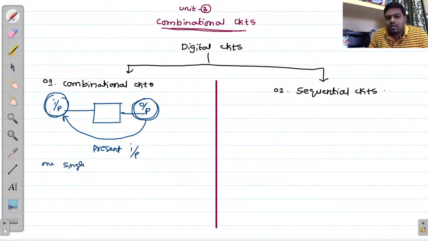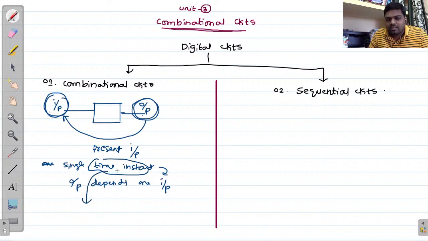At this single time instant, the output depends on input. For this single time instant, we can call it the present state. This is about the combinational circuit.